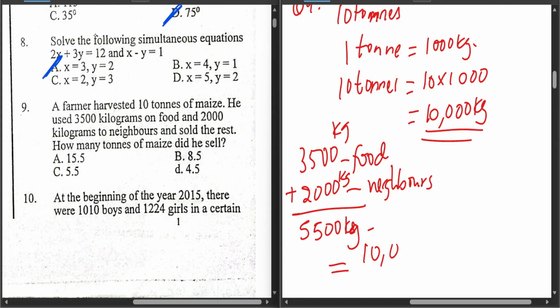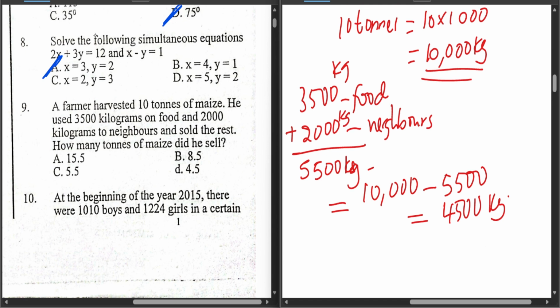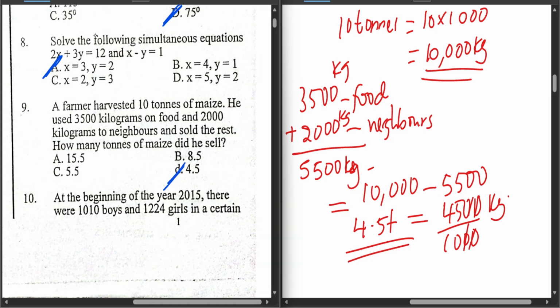So you take 10,000 kg minus 5,500 kg to find the rest that he sold. 10,000 minus 5,500 is going to give you 4,500 kgs, and that is not your answer, because they're telling you in terms of tons, so divide by 1,000 to change it to tons. It's going to be 4.5 tons. So this is your answer.